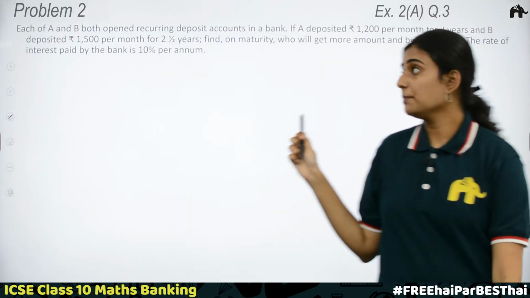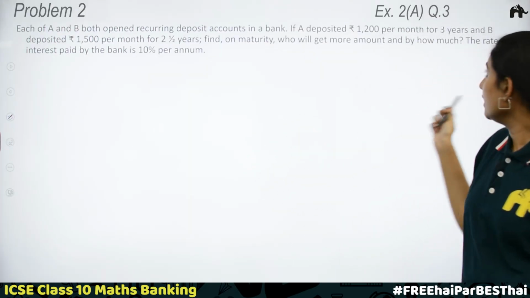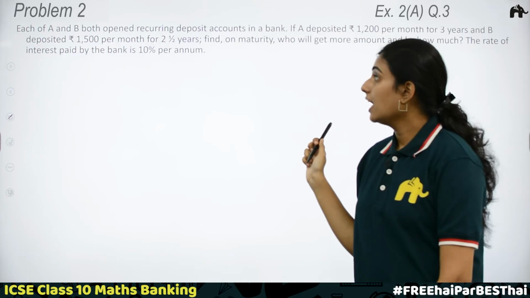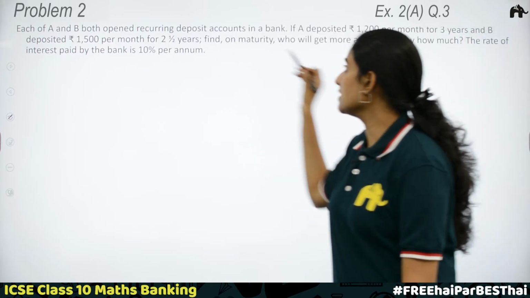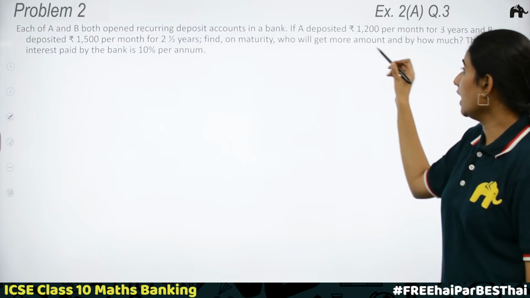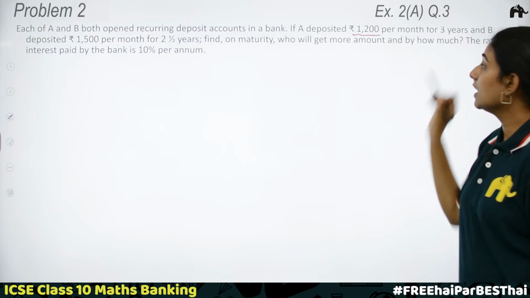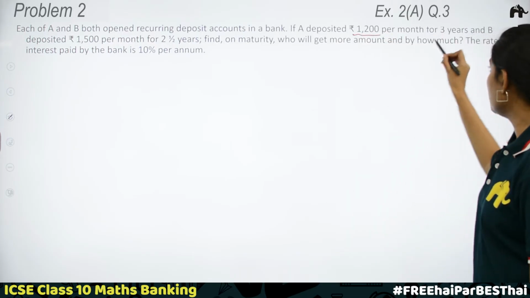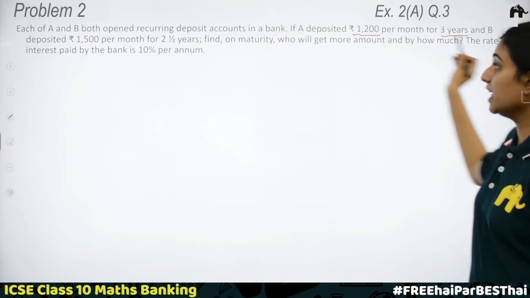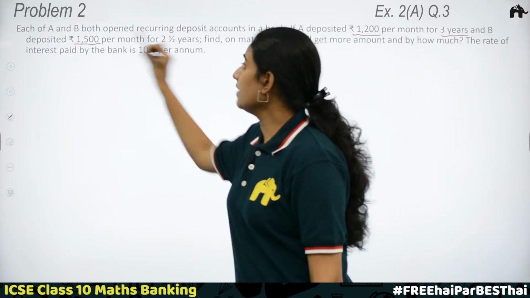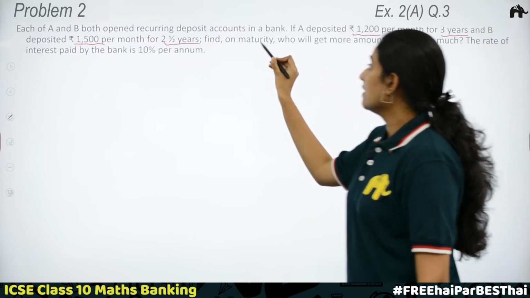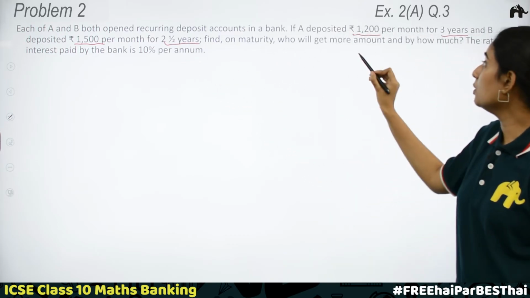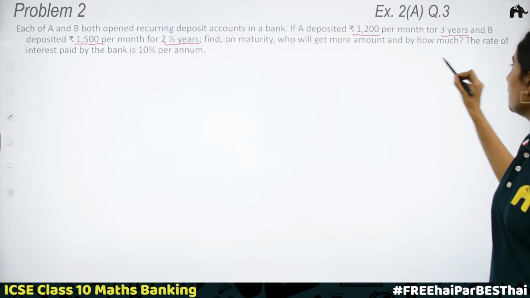Okay. Problem number 2. Question number 3 of exercise 2A. Each of A and B both opened recurring deposit accounts in a bank. If A deposited rupees 1,200 per month for 3 years and B deposited rupees 1,500 per month for 2.5 years, find on maturity who will get more amount and by how much.